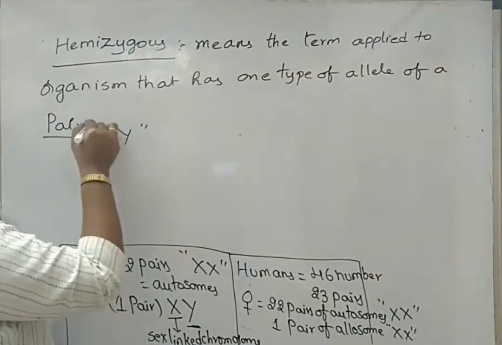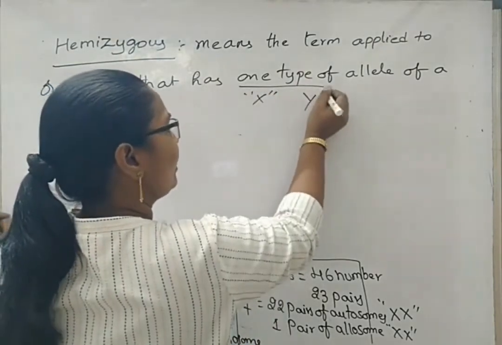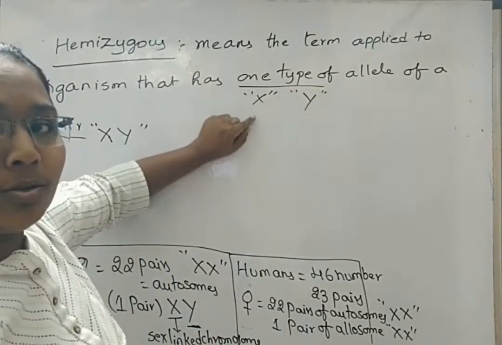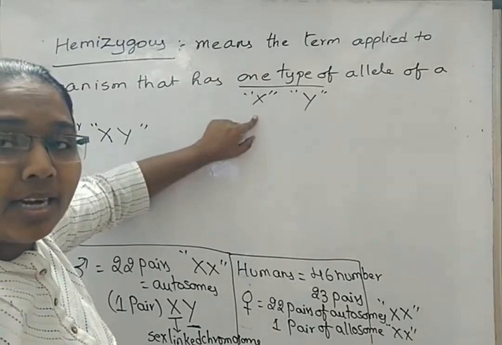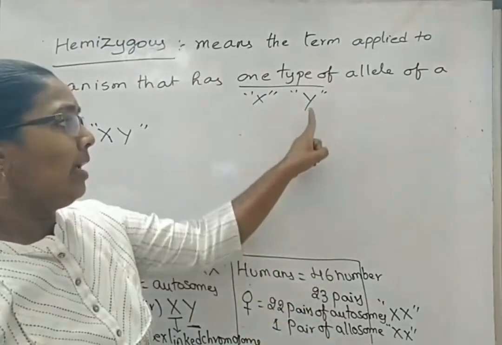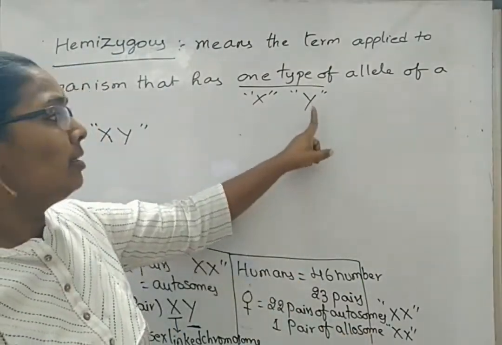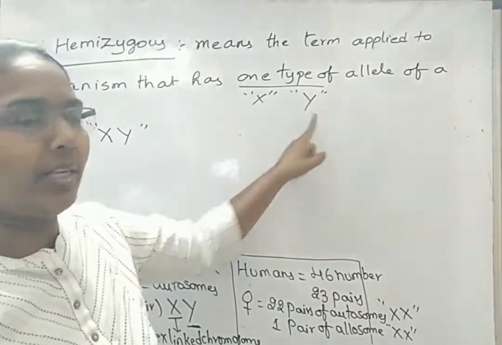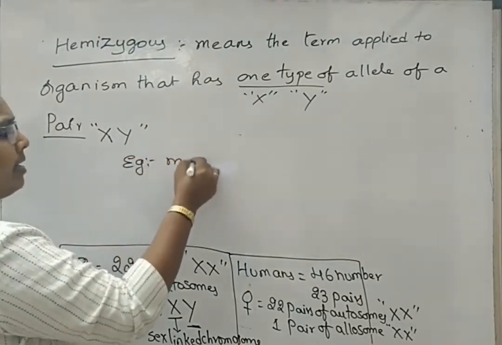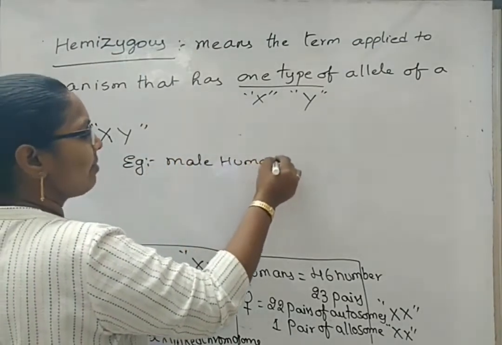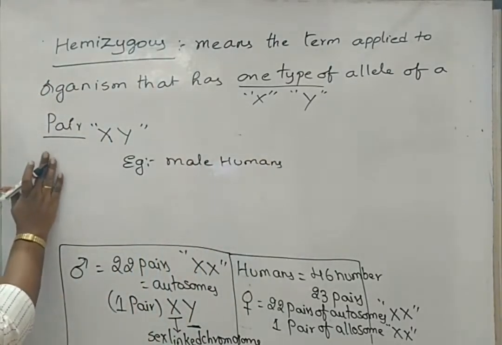That pair is X and Y. Out of that pair, the one type of allele can be either X or Y. But mostly we talk about the X chromosome, because it is considered the sex-linked chromosome. If Y crosses with an X chromosome, then it will be a male child. So in case of hemizygous, an example is male humans.